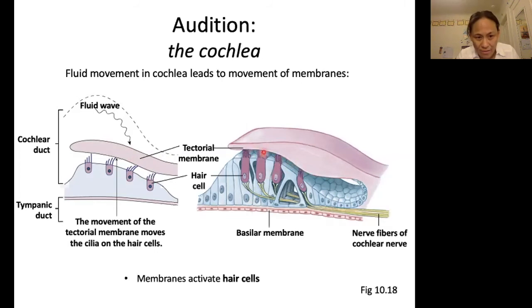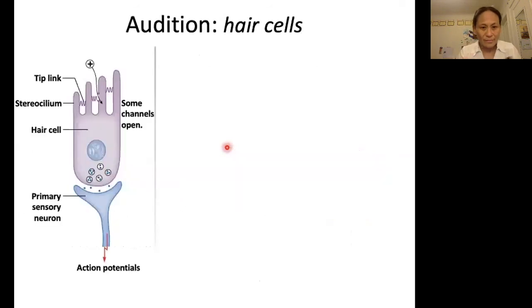The tips of the hair cells are in contact with the tectorial membrane. So when these two vibrate, we basically do this to the hair cells, okay? The next figure shows this in more detail.